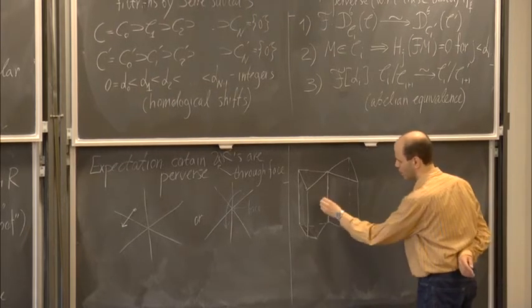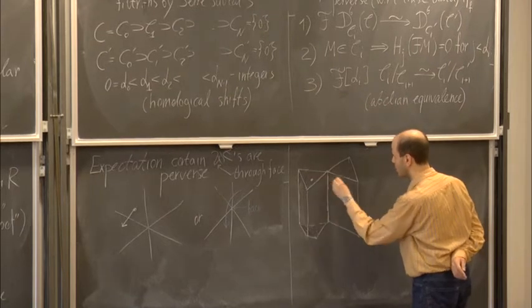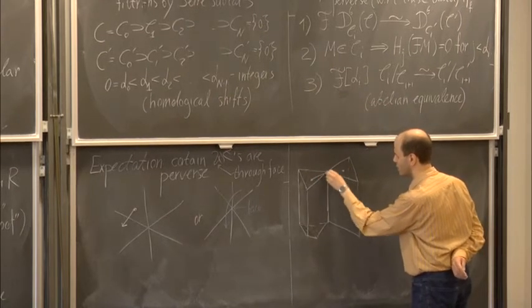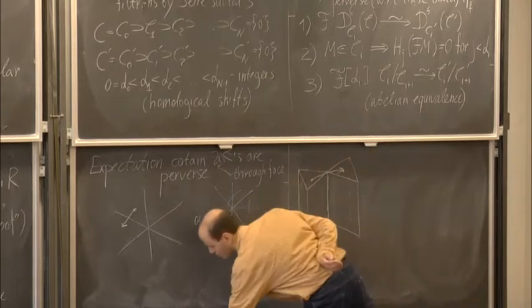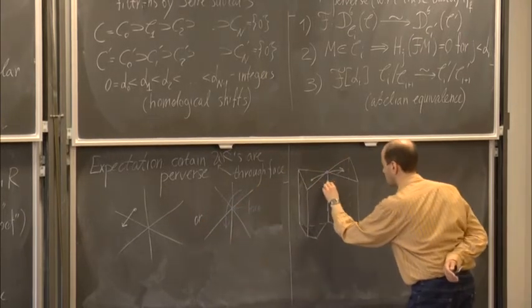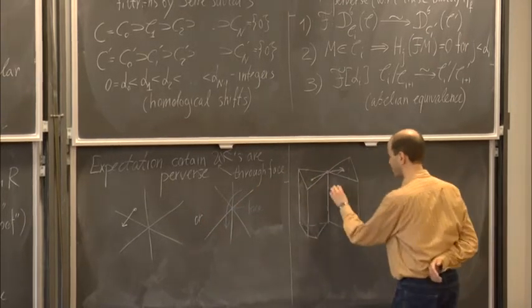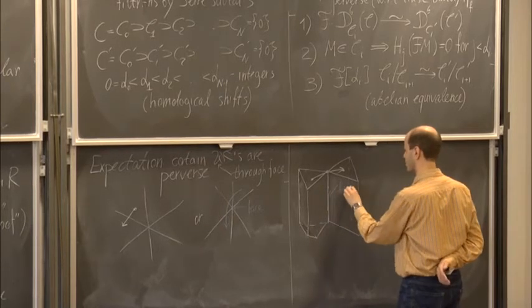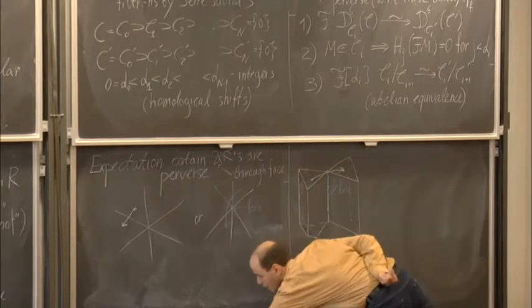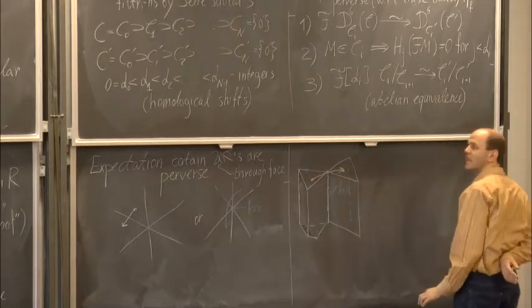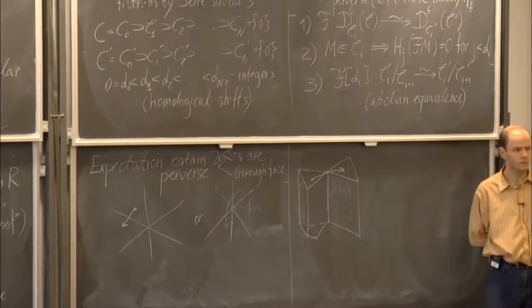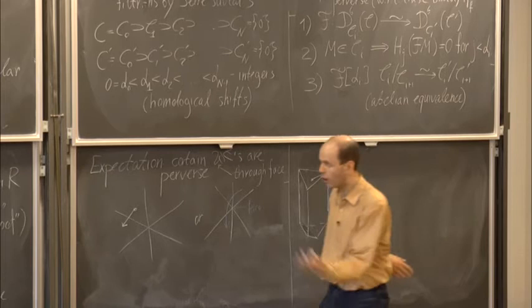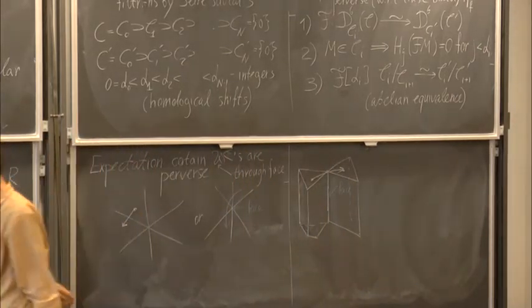So I can go from somewhere inside of here to somewhere inside of here, crossing this face. So that's an expectation, and it's proved in some contexts, but not in this one.